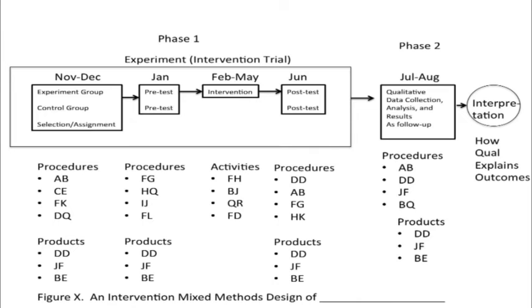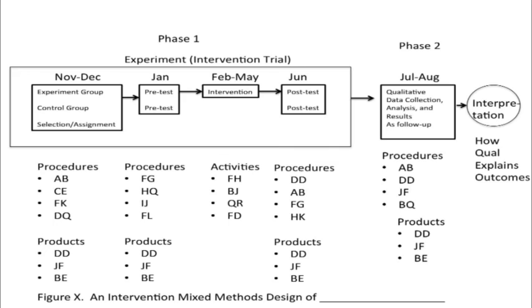Just as in the earlier designs I've talked about, we can have a title. I would call this an intervention mixed method design, and then the content area I'm looking at. I can put in dates. So for example, the selection of the individuals for the experimental control group and their assignment would occur during November and December. My qualitative data follow-up after the experiment would occur in July or August of the next year.